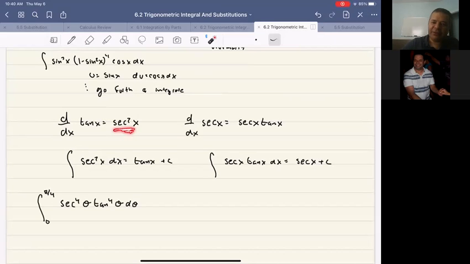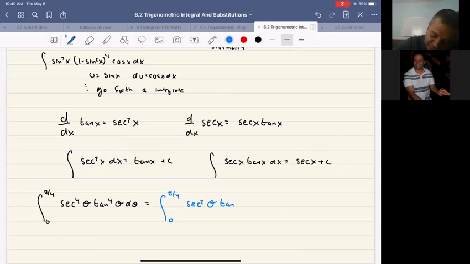Secant squared is the derivative of tangent x, right? So let's write this as the integral from 0 to pi over 4 of secant squared theta tan to the 4th theta secant squared theta d theta.